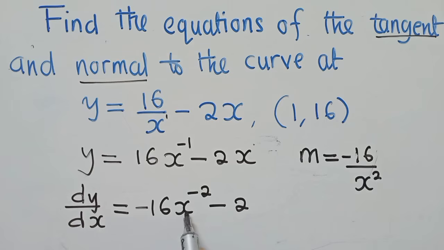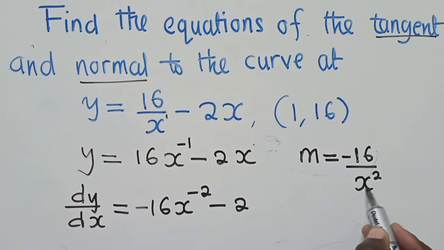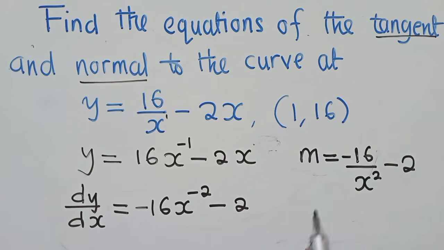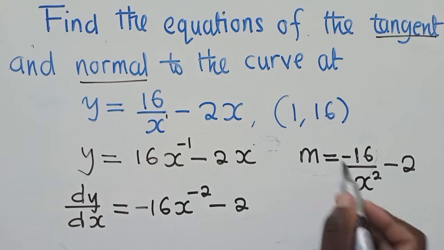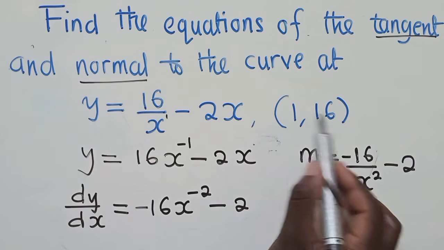Negative 16, and when we put a power 2 without a negative sign, x will be a denominator. So negative 16 over x squared. What we have here and here are the same. This is the gradient.